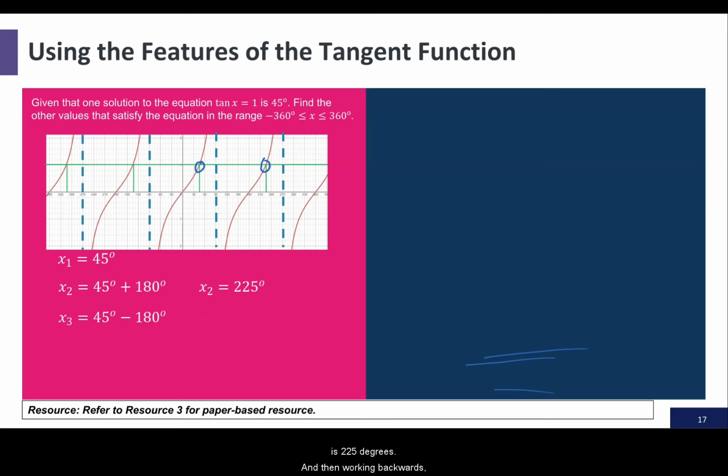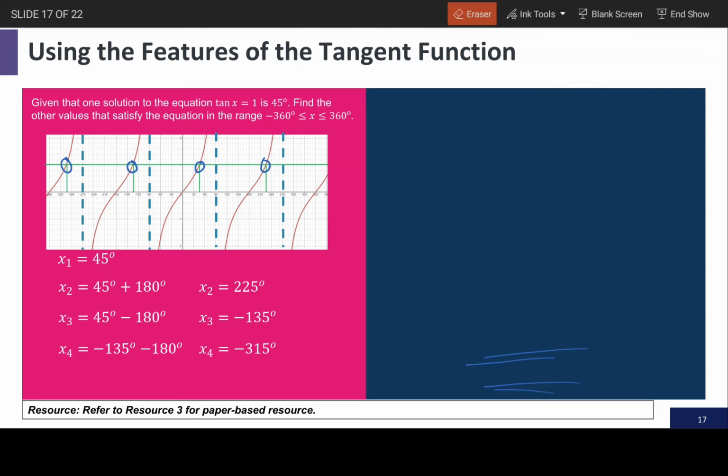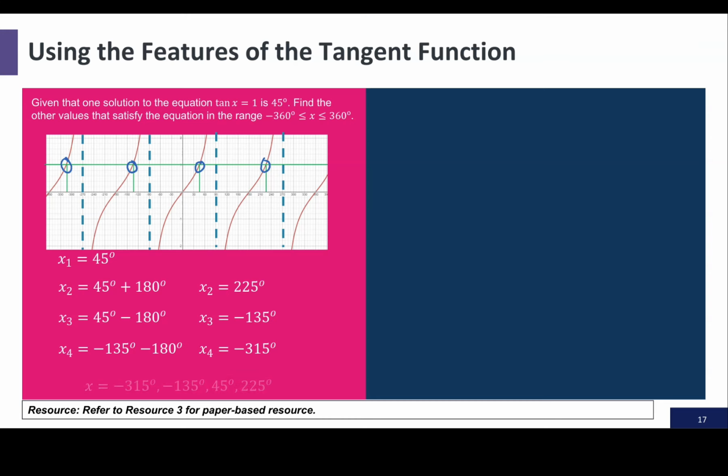And then working backwards, we've got minus 135 degrees. And the last one, subtract another 180 degrees, is minus 315 degrees. So the solutions written out in order are those there.